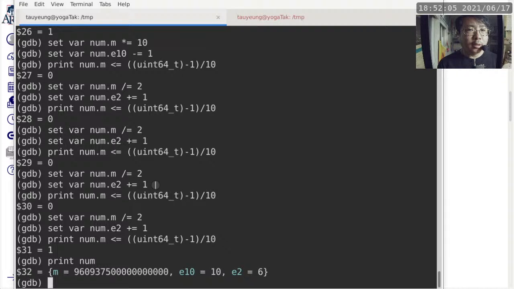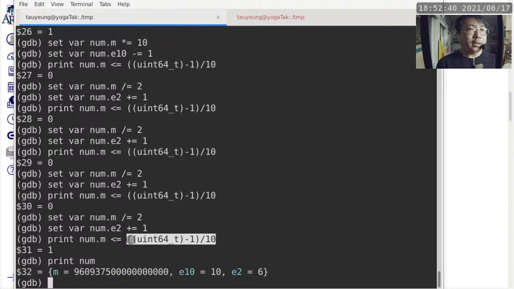I think I see what he's talking about. He's talking about the comparison to the largest uint64. So this part is only specifying the largest value that can be represented using a 64-bit unsigned number, and we have to compare it to that value divided by 10, because if m is less than or equal to this value, then we do have room to multiply m by 10 again.